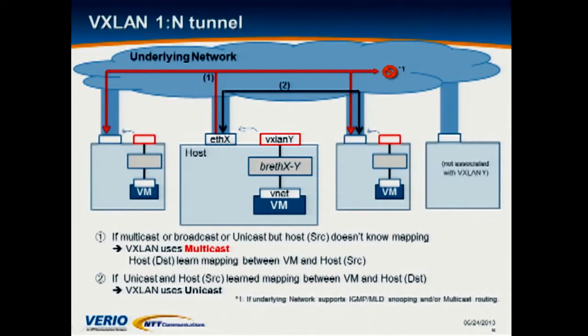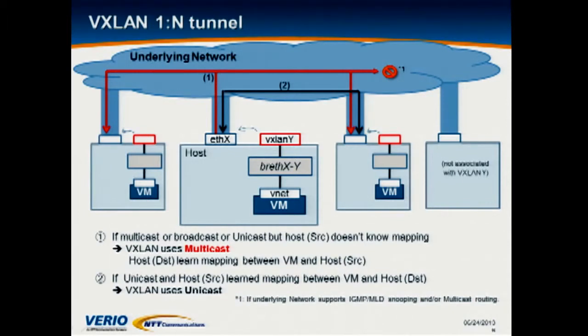And initially, VXLAN is a learning bridge, so the host does not know where the destination host and VM are. So VXLAN uses multicast to discover the other endpoint. The initial packet a VM creates would be ARP, or maybe neighbor discovery in IPv6.